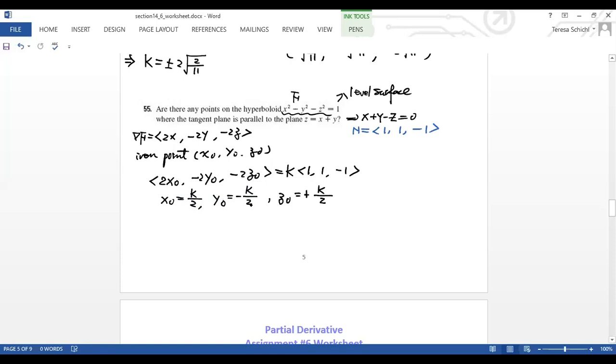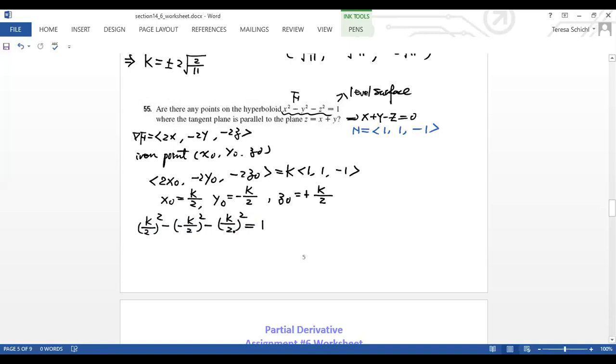Then you plug into your hyperboloid, so you have (k over 2) squared minus (negative k over 2) squared minus (2k) squared equal to 1.